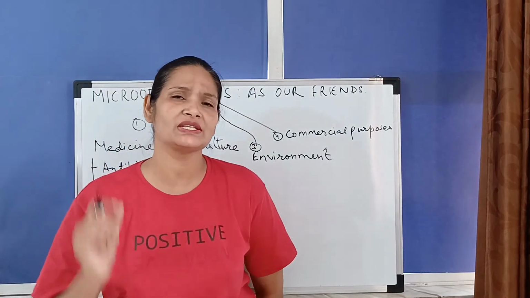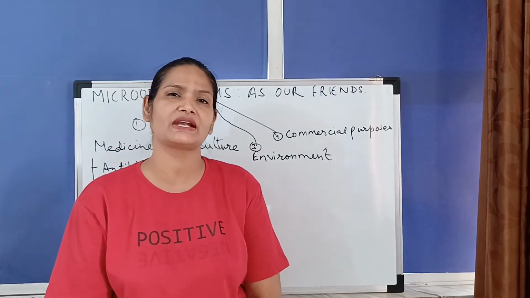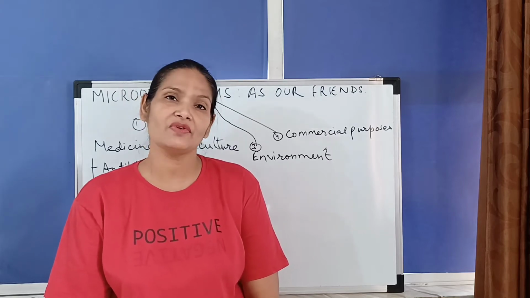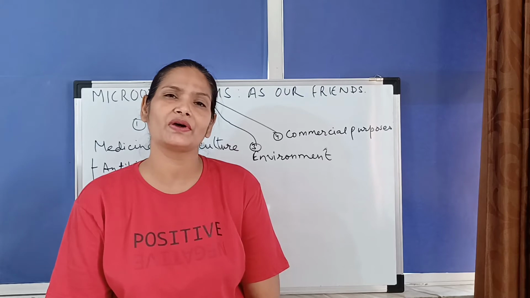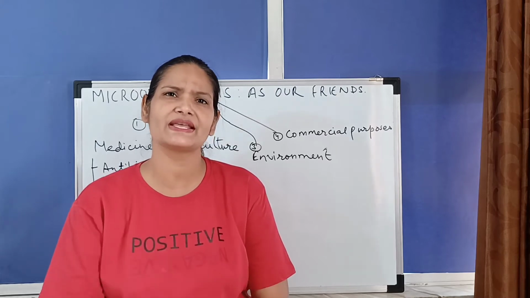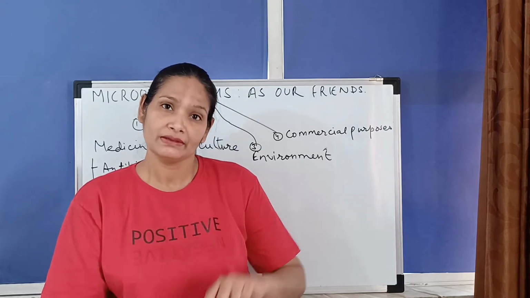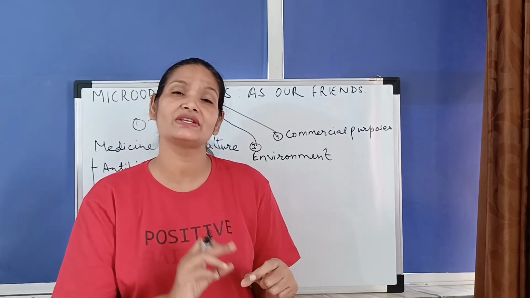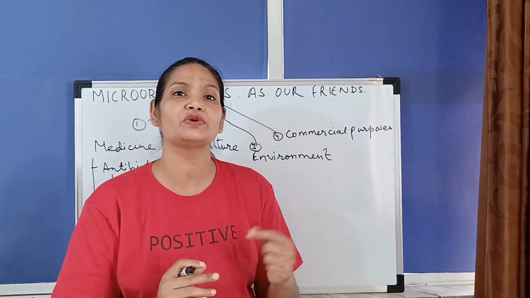In 1929, Alexander Fleming was studying a culture of a disease-causing microorganism. While studying it, he found that green mold was there in the culture, and in that particular dish wherein the green mold was there, that disease-causing microorganism could not grow.